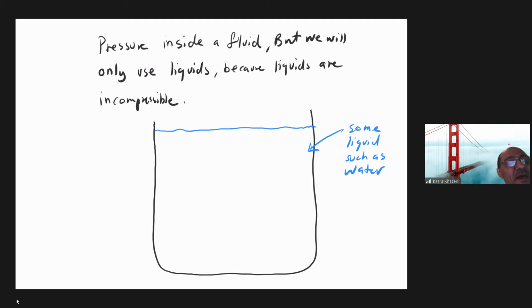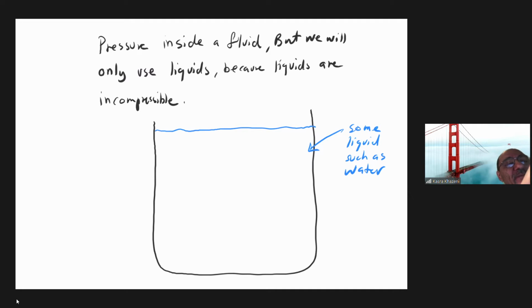All right, now if I just have this bucket of water or a liquid sitting on my desk and it doesn't do anything, there is no flow in it. There is nothing moving around. The liquid is sitting standstill. There's no flow. Nothing is moving in it. There's no fish swimming inside of it, nothing.